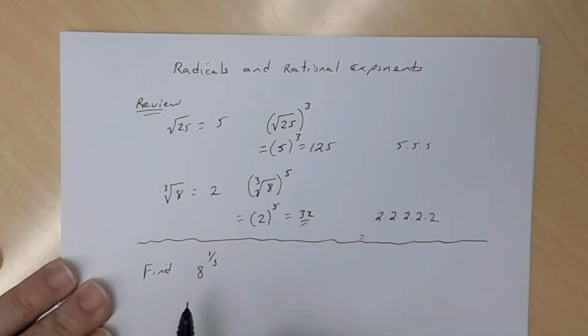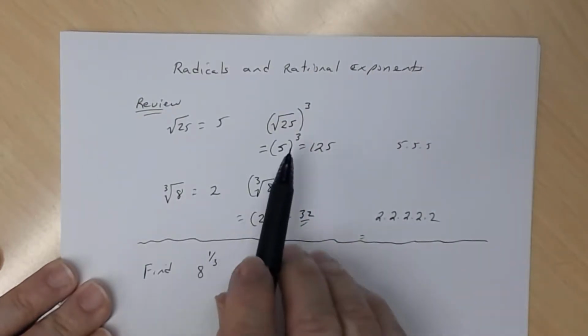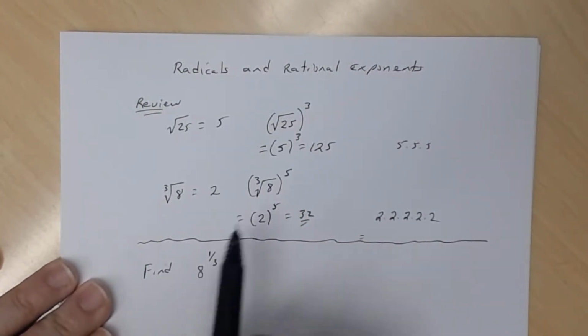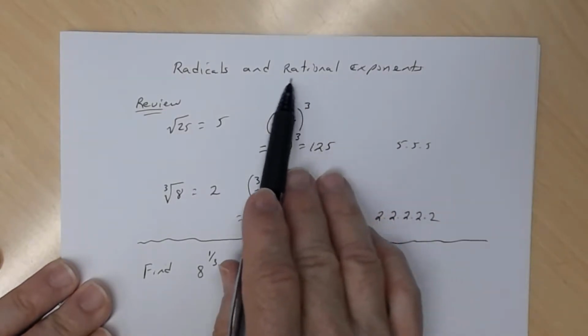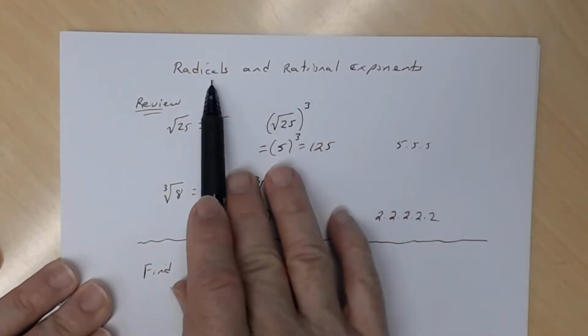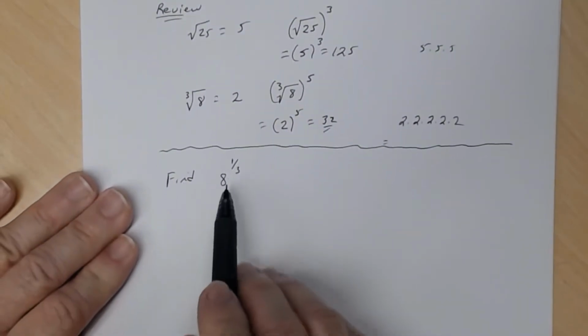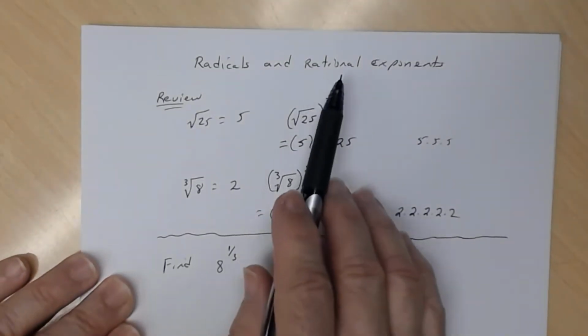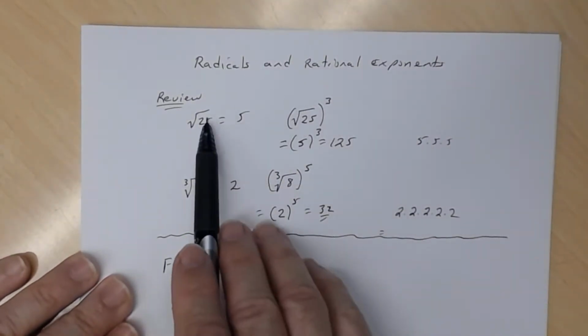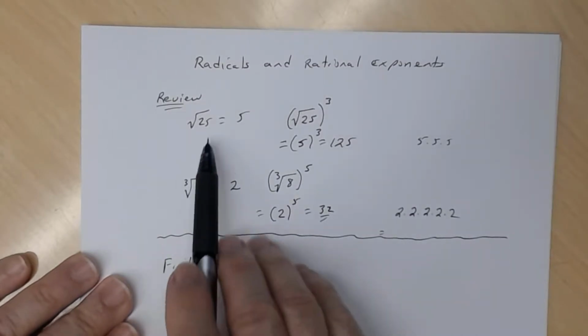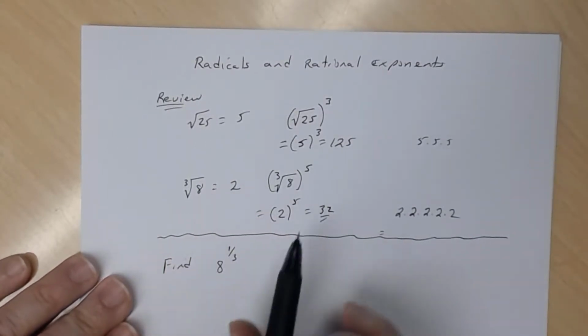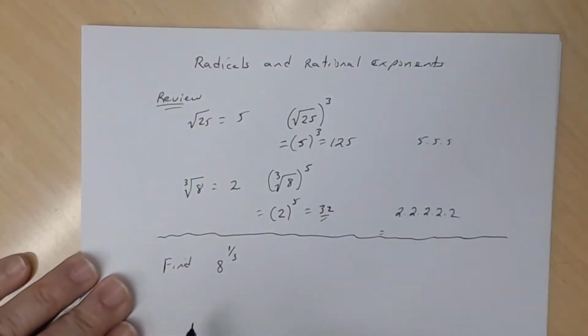So what you want to do is rewrite this expression, going from rational exponents to a radical. So that's what we're going to learn. We're going to learn how to go from this idea to something in radical form that looks something like this. Okay? Square root of 25, the cube root of 8, this idea right here.